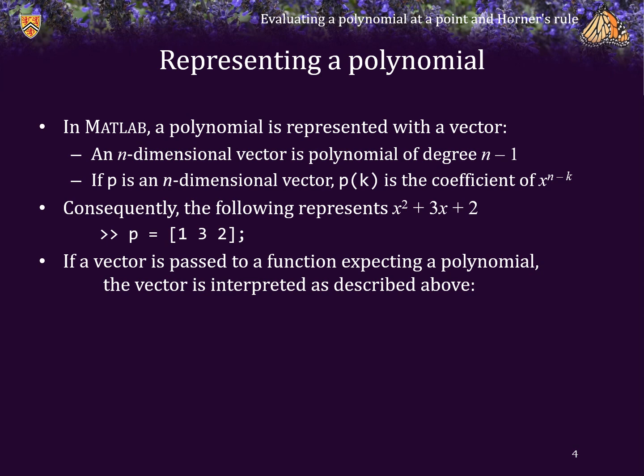Now, in Matlab, if a vector is being passed to a function that is expecting a polynomial, the vector is simply interpreted as above. So, for example, if I pass this vector to the function roots, it will simply determine the roots of that polynomial numerically and then print them out.